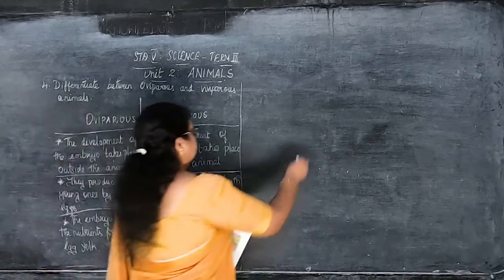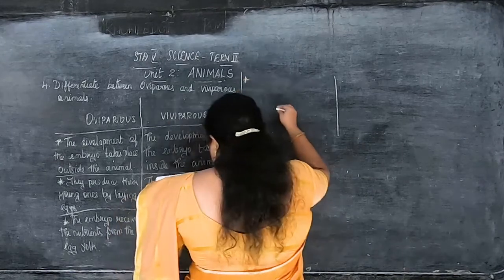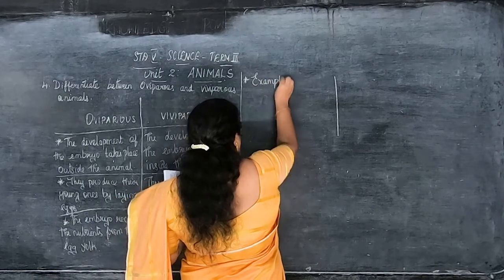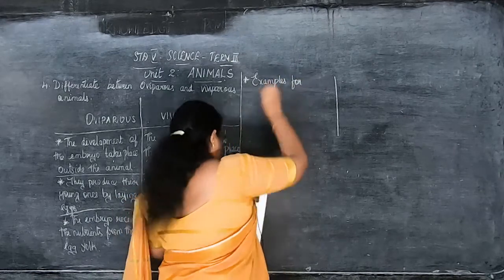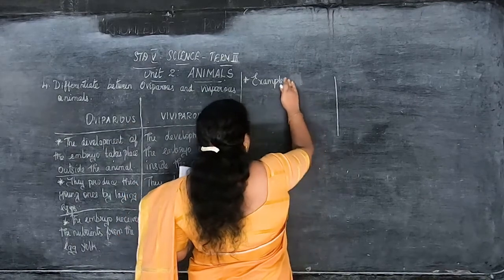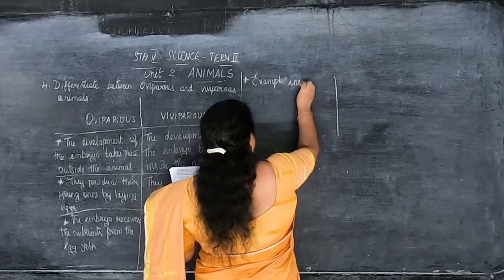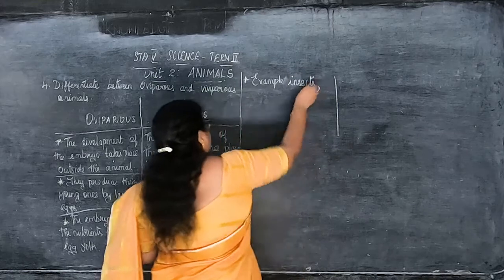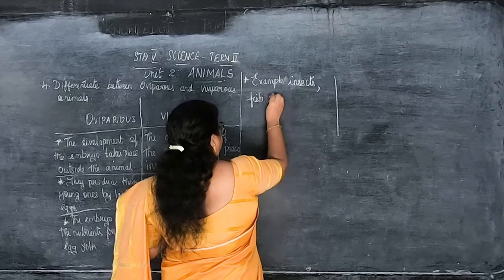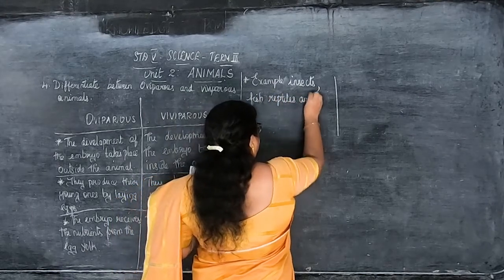Now the last point. Examples for oviparous: insects, fish, reptiles and birds.